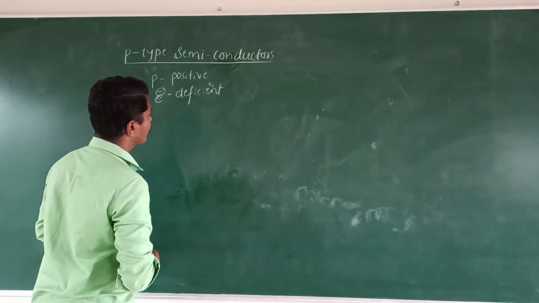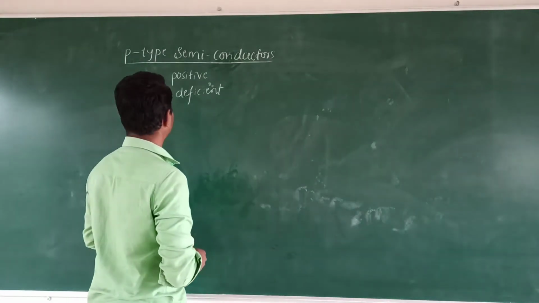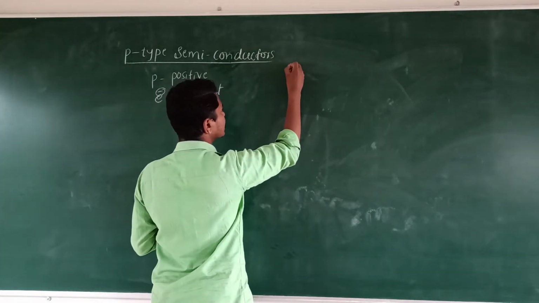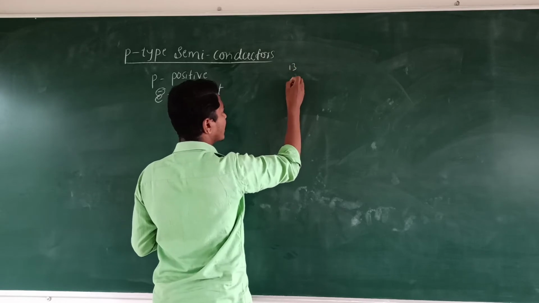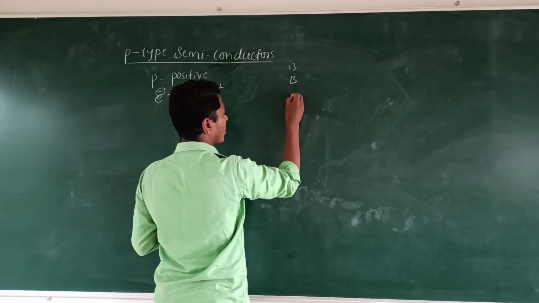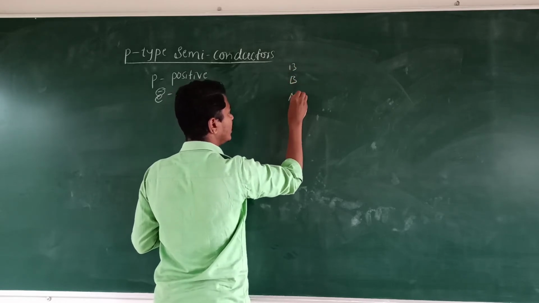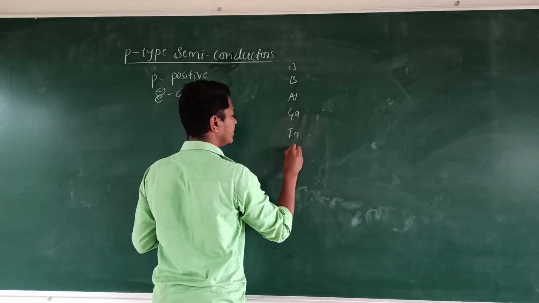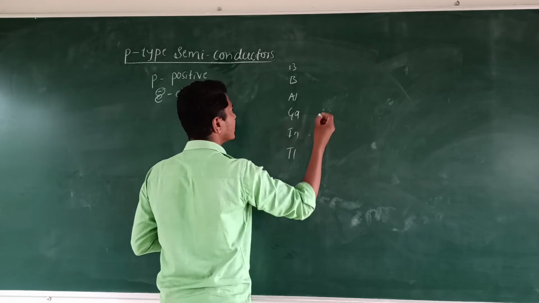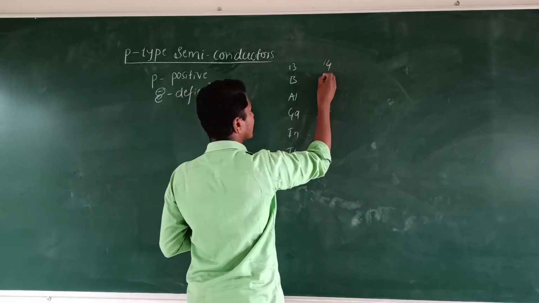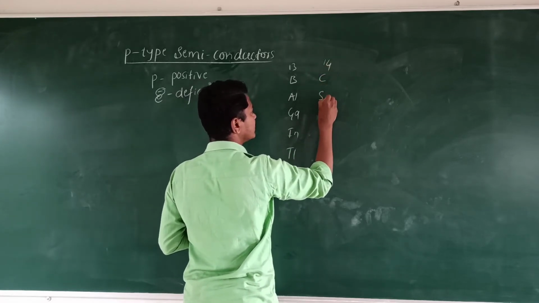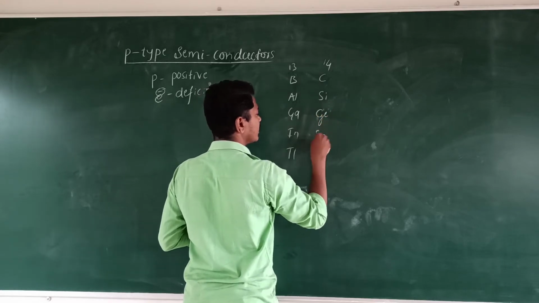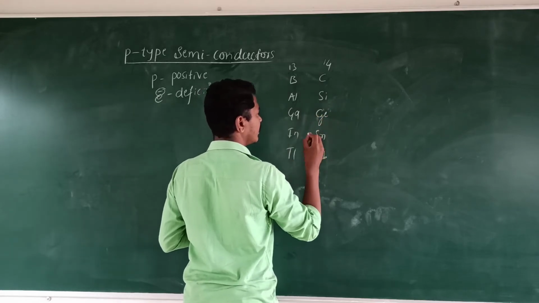For example, for electron-deficient, the 13 group elements are boron, aluminum, gallium, indium, thallium, and the 14 group elements are carbon, silicon, germanium, tin, lead.